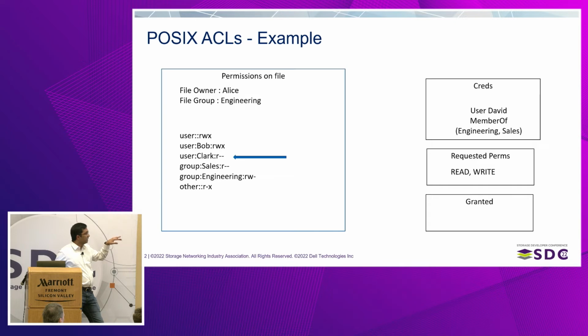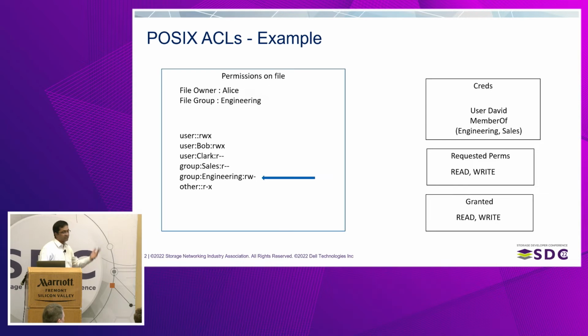You get to Clark, mismatch, and you get to sales. Now, this is the interesting part. He's requesting read, write, but the group ACE only grants read. But because it's a group match, the algorithm checks whether this ACE grants both read and write. It doesn't, so it moves to the next ACE. And here, it gets both the bits, so access is allowed.